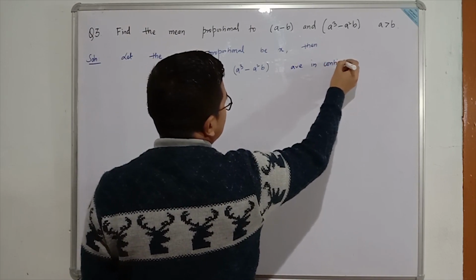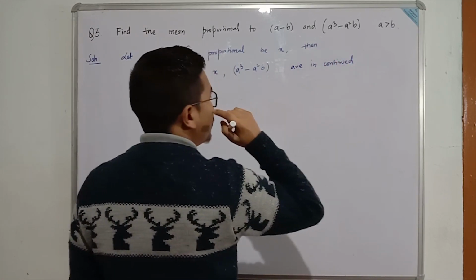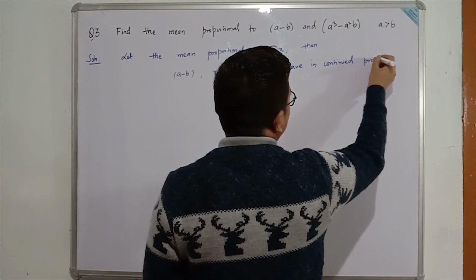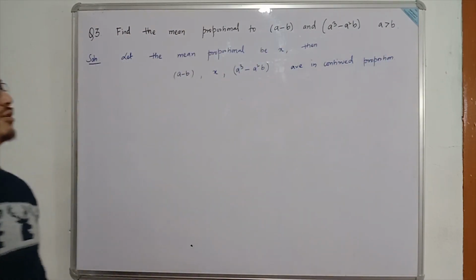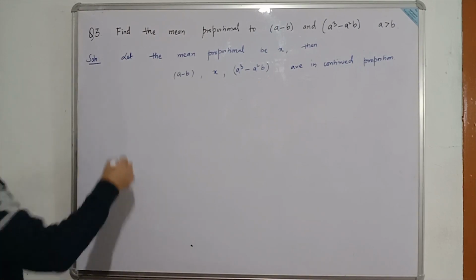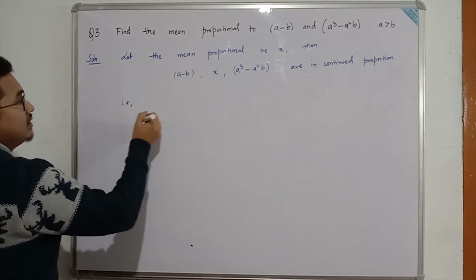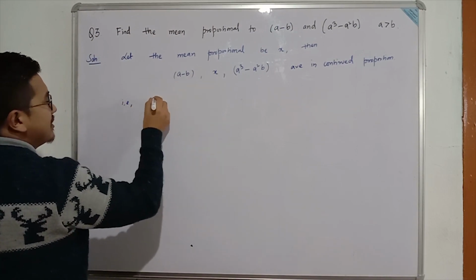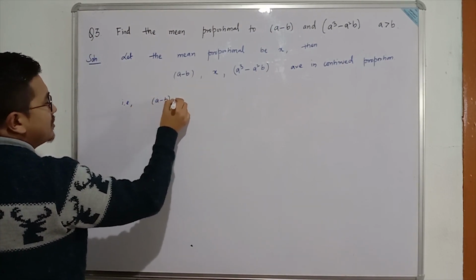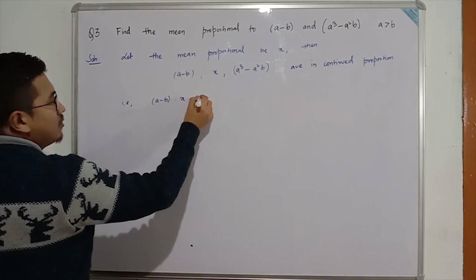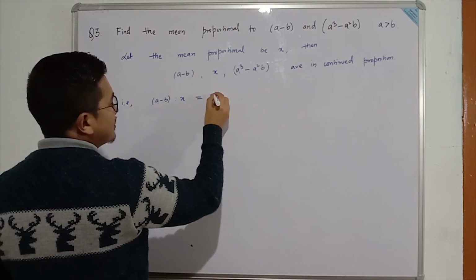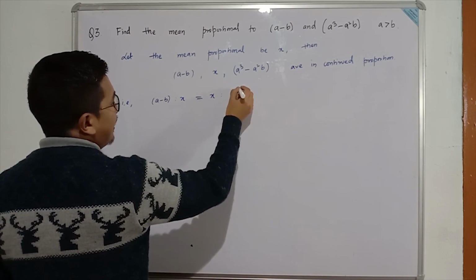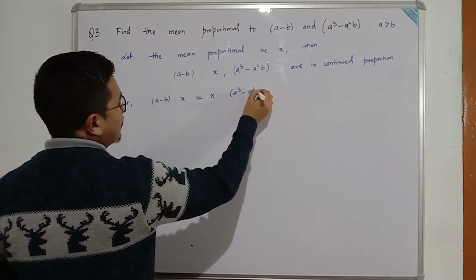continued proportion. So that is the ratio of the first and second, that is a minus b is to x, will be equal to the ratio of the second and the third, that is x is to a cube minus a square b.